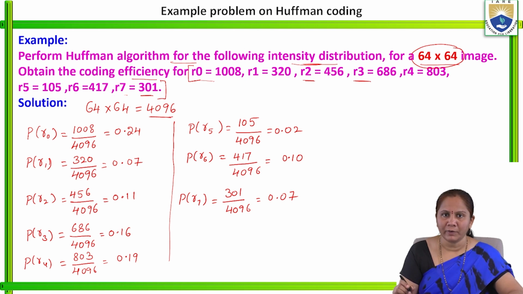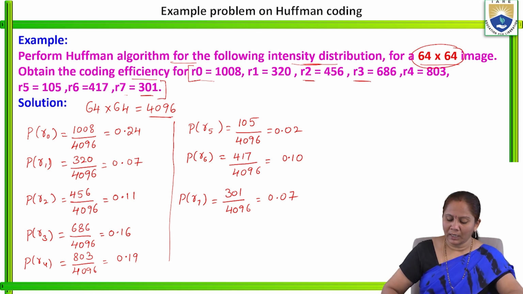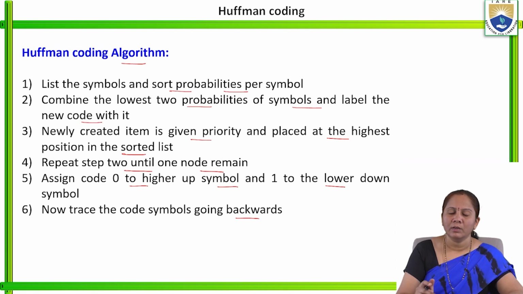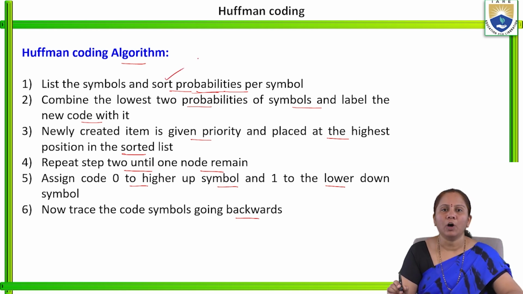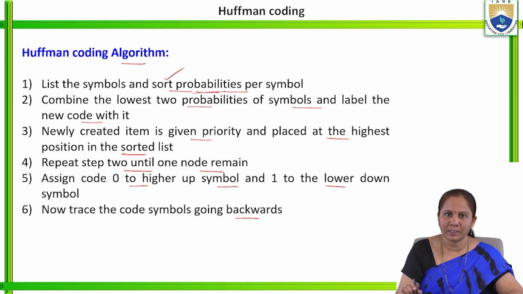So like this, first we have to find the probabilities of all the given symbols, or sometimes the probabilities will be given. So in the algorithm, what is the first step? After finding the probabilities, we have to arrange all the probabilities from highest to lowest.